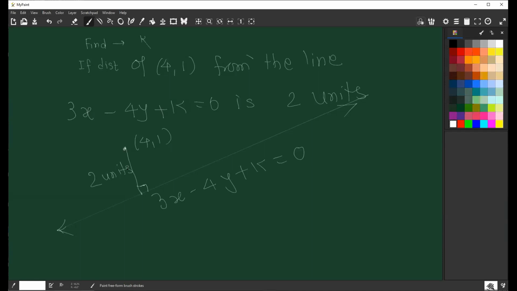What is the answer? Faint दिख रहा है. Somebody got it right. The answer is 2 and minus 18. The value of k is either 2 or minus 18. Somebody got only 2, because you have not taken a modulus sign into picture.